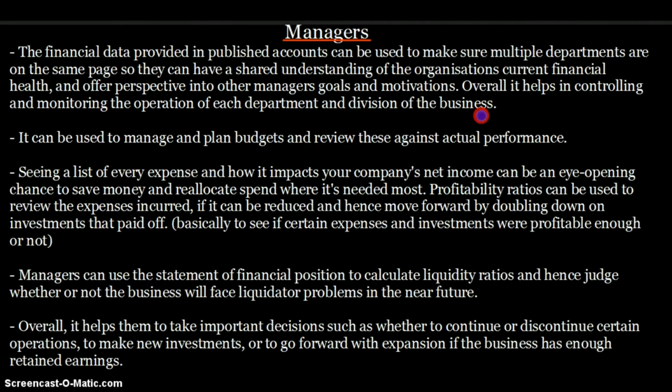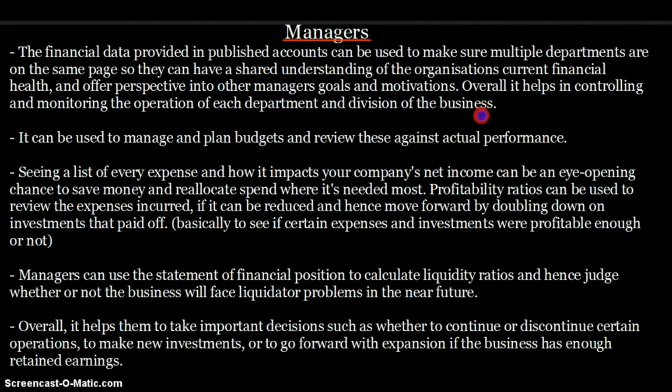It is very vital to understand what information is provided in published accounts, and make sure all the departments are coordinated and have the same understanding of that information, and see what has happened before, what the profits were before, what the liquidity was before, and what should be done now.